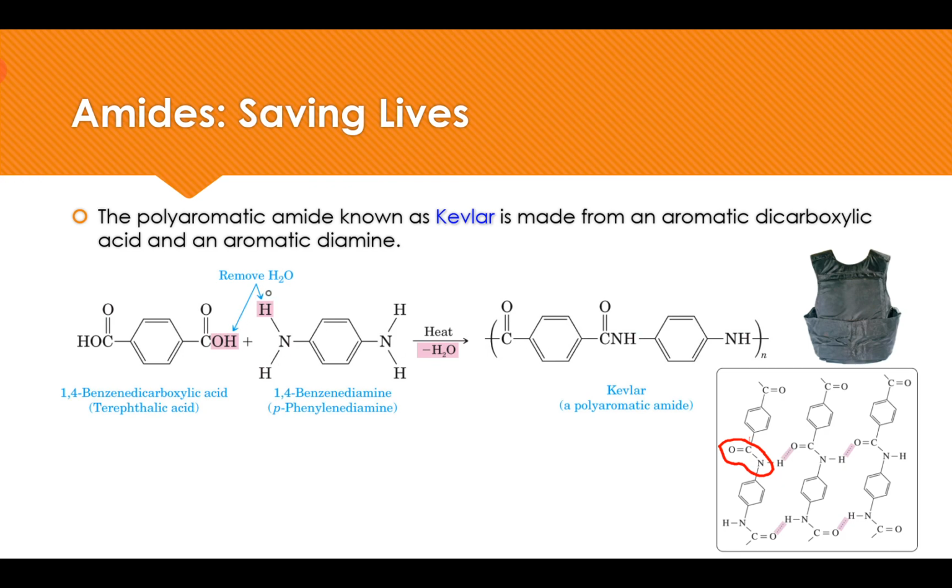And so we have this condensation reaction happening here in order to form our amide functional group. And because of the strong hydrogen bonding interaction between that hydrogen and that O, these fibers are held very strongly together. And that makes Kevlar an extremely strong material used in bulletproof vests. So amides are saving lives.